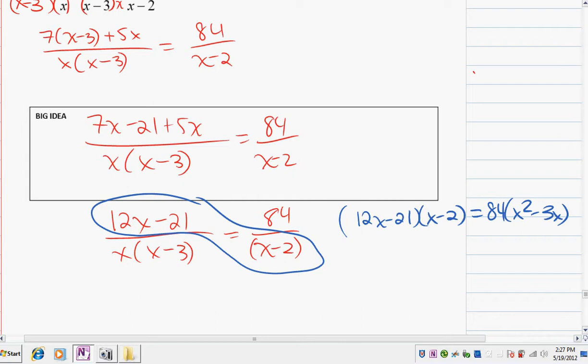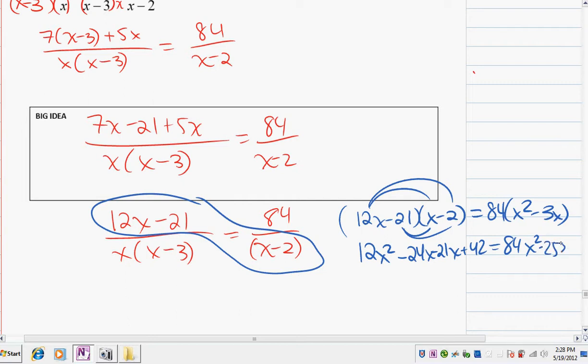So notice here, I'm probably going to end up with a quadratic. So I get 12x squared minus 24x minus 21x plus 42 is equal to 84x squared minus 252x.